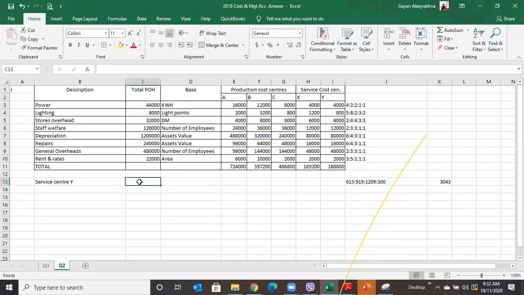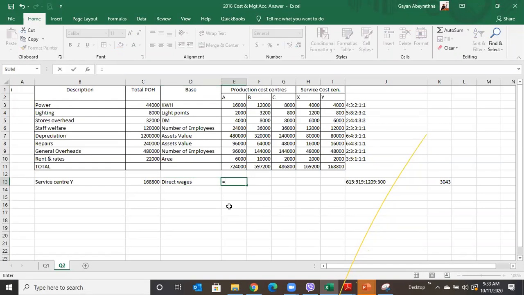Okay, the service center total cost we can get equals 168,800. Then here we are going to distribute based on the direct wages. For A it should be this one divided by 3,043 into 650.